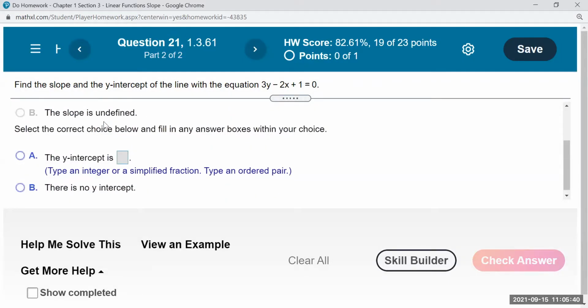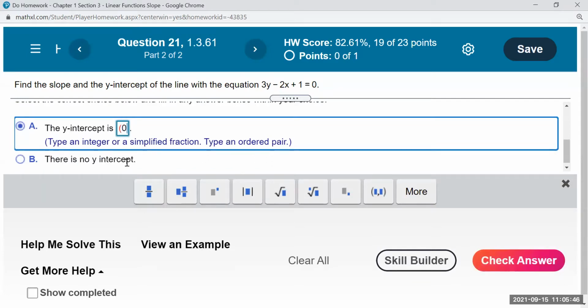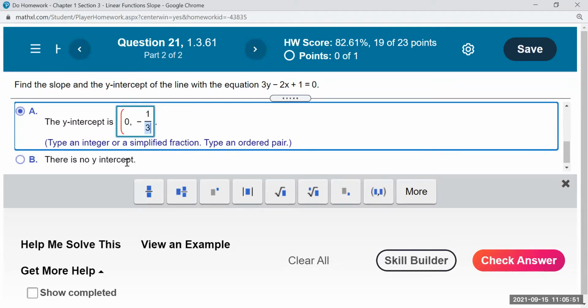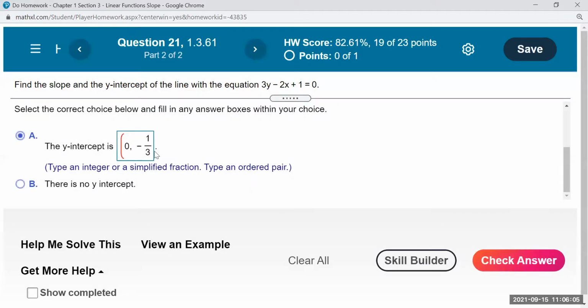And they want it as an ordered pair. So it's 0, comma -1/3. Oh, I forgot to put the parentheses.